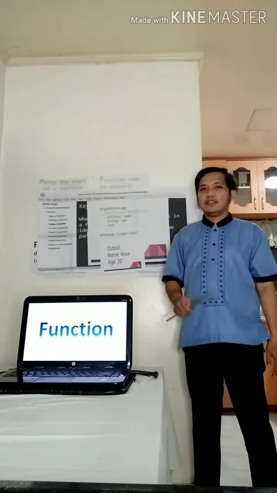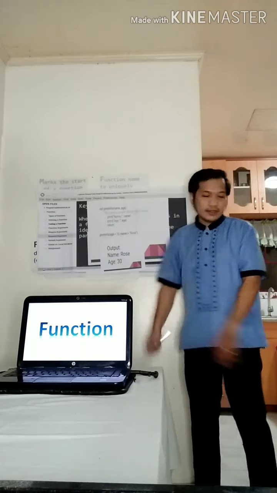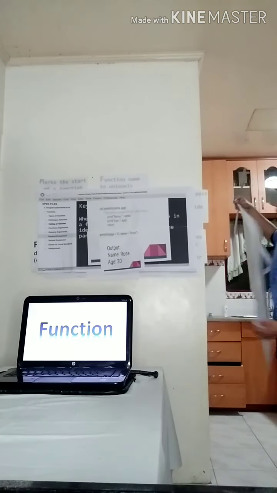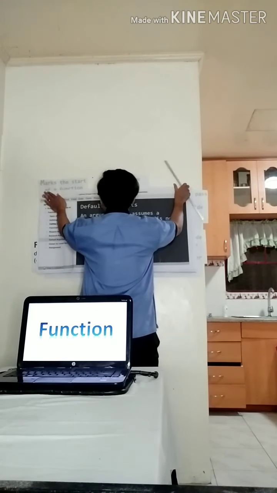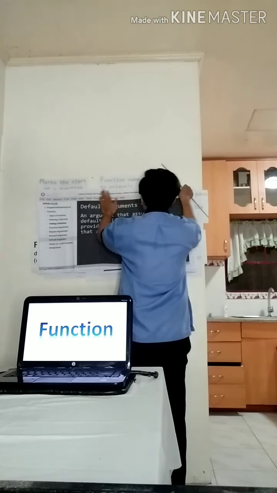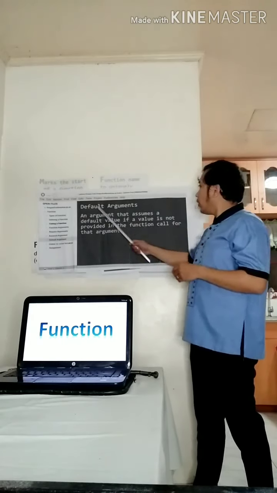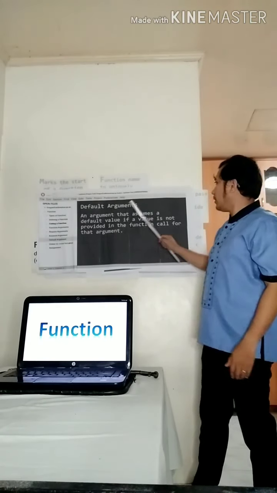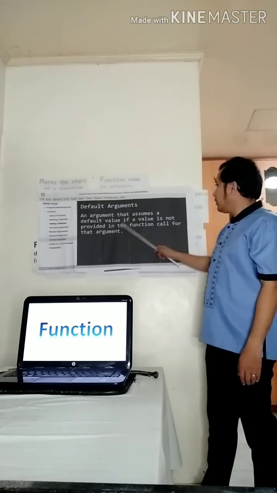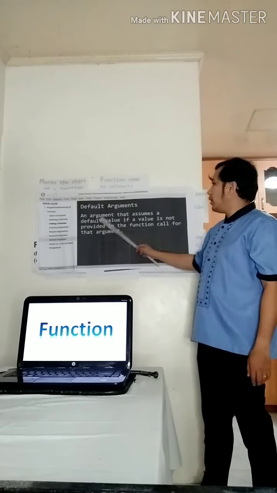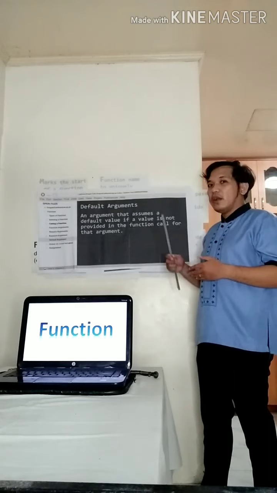Okay, so our next argument is the default argument. So an argument that assumes a default value if a value is not provided in the function call for that argument. So it's much similar to keyword argument.